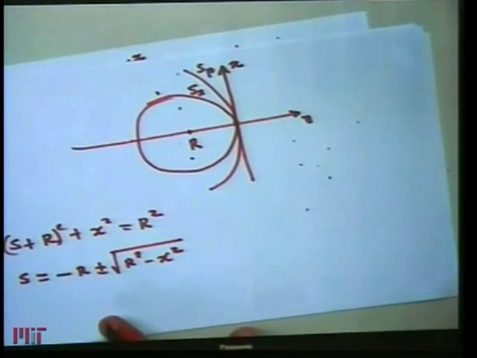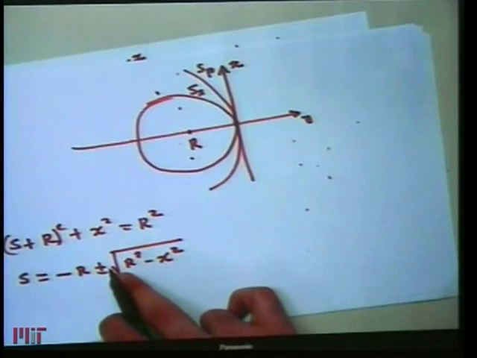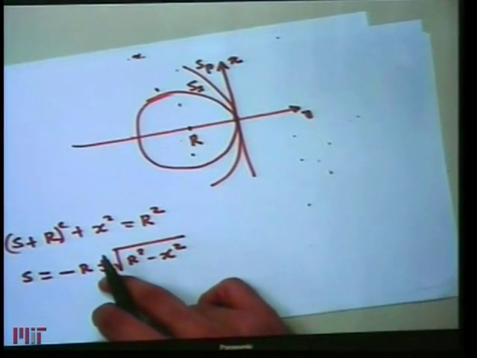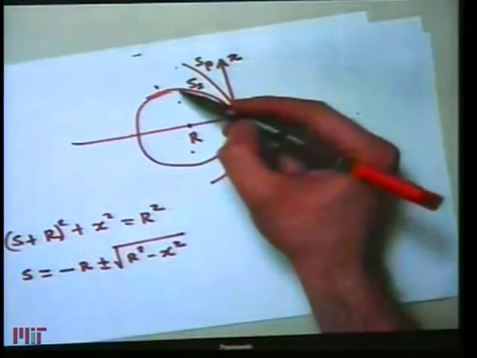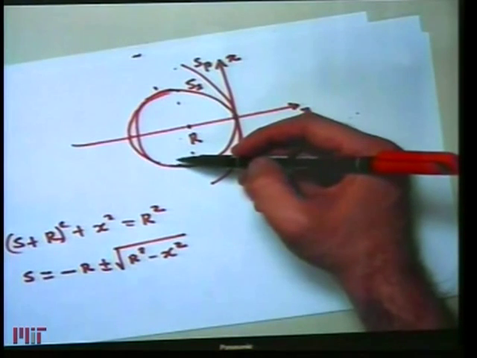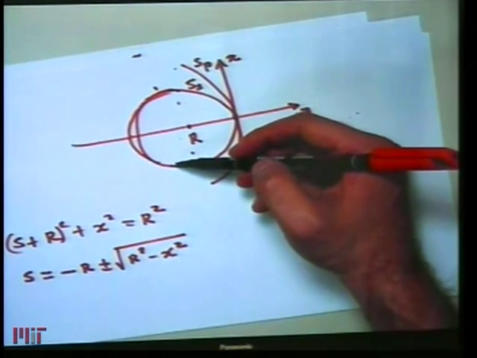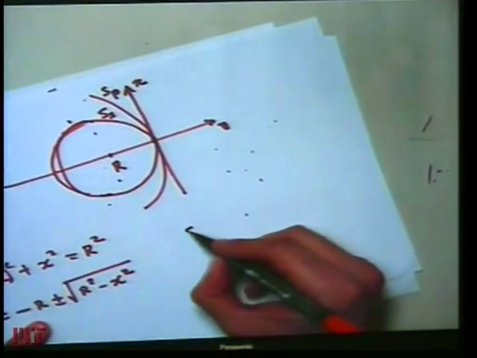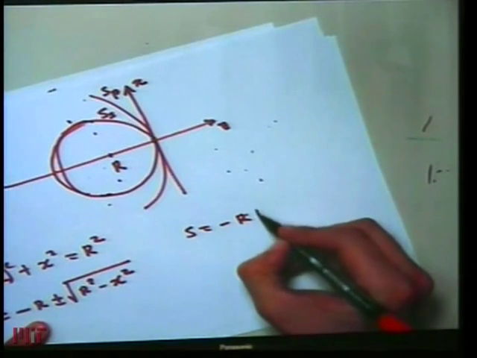Now which sign should I keep, the plus or the minus? Well, you can see by inspection that the minus sign is this part of the sphere, which is pretty far from the paraxial approximation clearly. So the only way to deal with the paraxial approximation is to keep the plus sign. So we'll write S equals minus R plus.